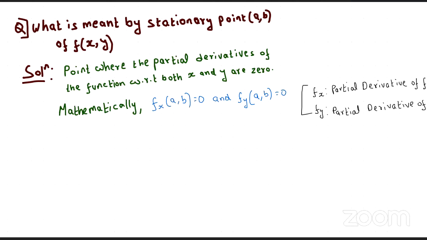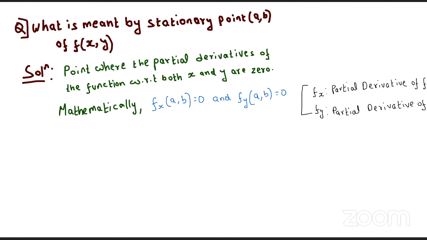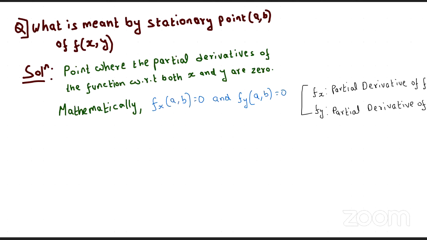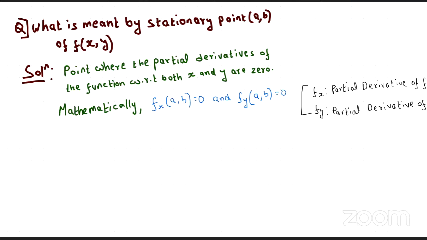So we differentiate it twice, then we substitute the values, and the function is not changing. In the limit a comma b, after we differentiate and substitute, it is differentiation, not integration.